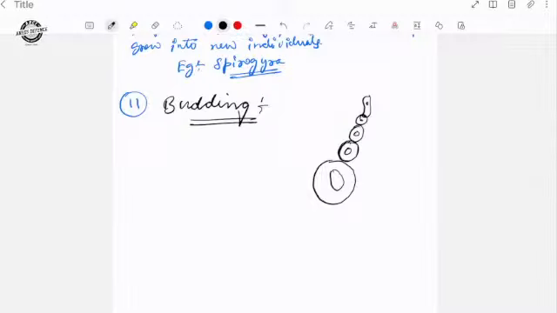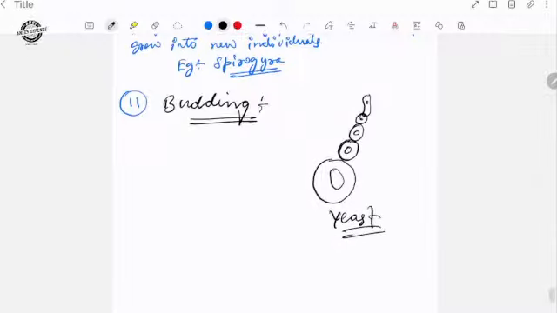After some time these developed buds separate from the parent's body and are transformed into new individuals. After that, these individuals also reproduce by the budding process. This happens in yeast. Most important example.